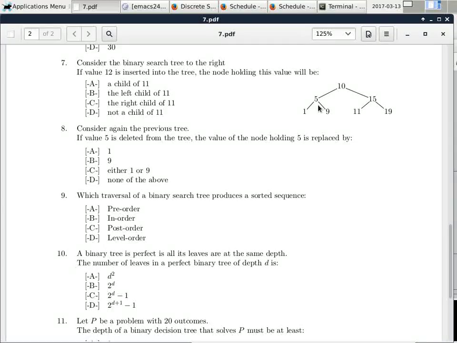So if you delete 11, for example, you just take it out and you are done. The other one is when there is only one child, and then you pull up the only child that is there. This is not the situation, because every node here either has 2 children or 0 children. So it doesn't happen. And then there is the complicated case in which the node you remove has 2 children.